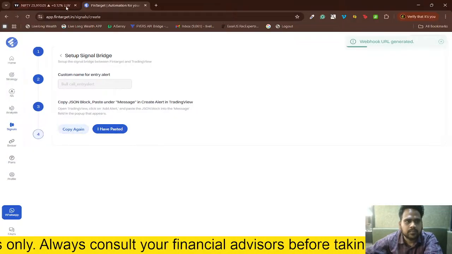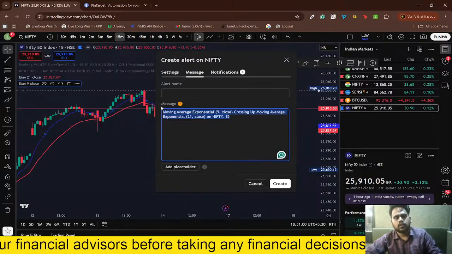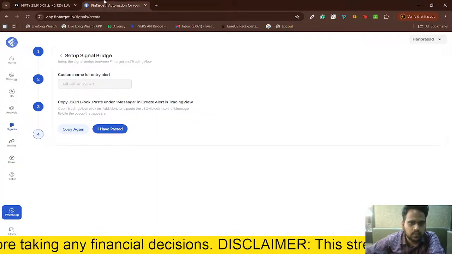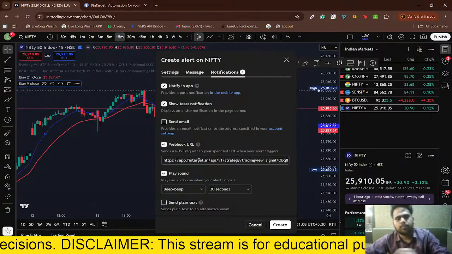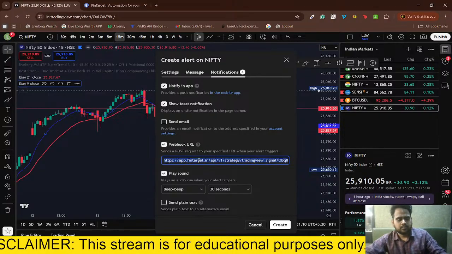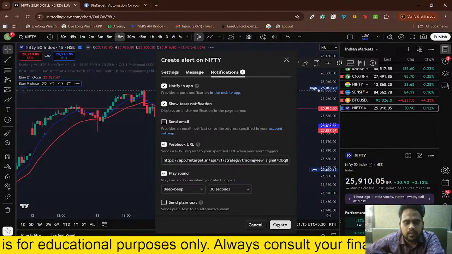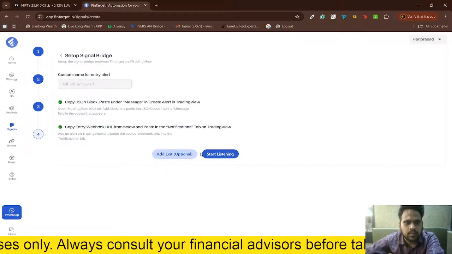Copy here. Again, go to the message, select this whole thing and paste. Next, again you need to paste it. Again copy here, the webhook. When you create it here, I have pasted it automatically.